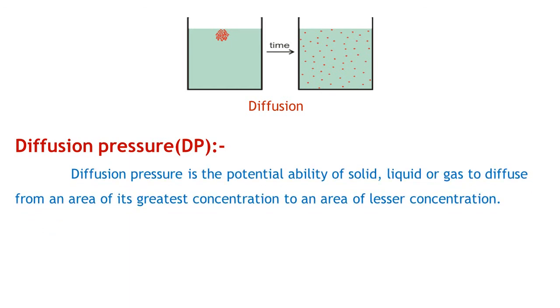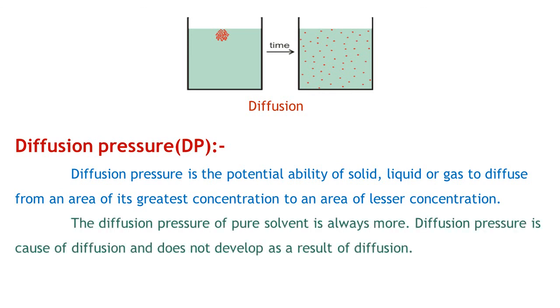Diffusion pressure is the potential ability of solid, liquid or gas to diffuse from an area of its greatest concentration to an area of lesser concentration. The diffusion pressure of pure solvent is always more. Diffusion pressure is the cause of diffusion and does not develop as a result of diffusion.